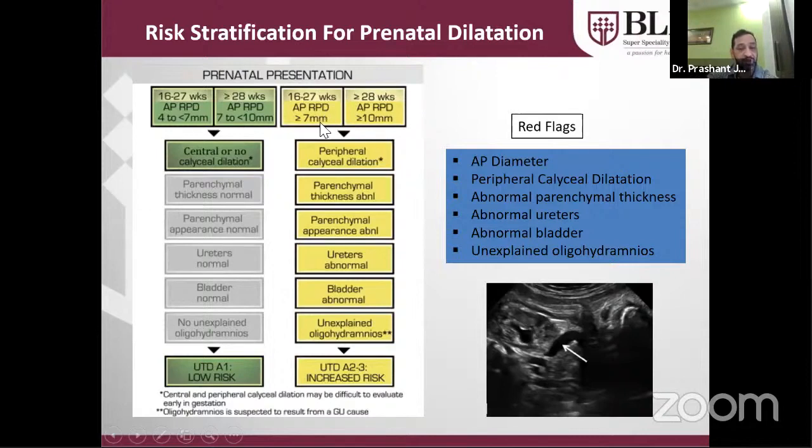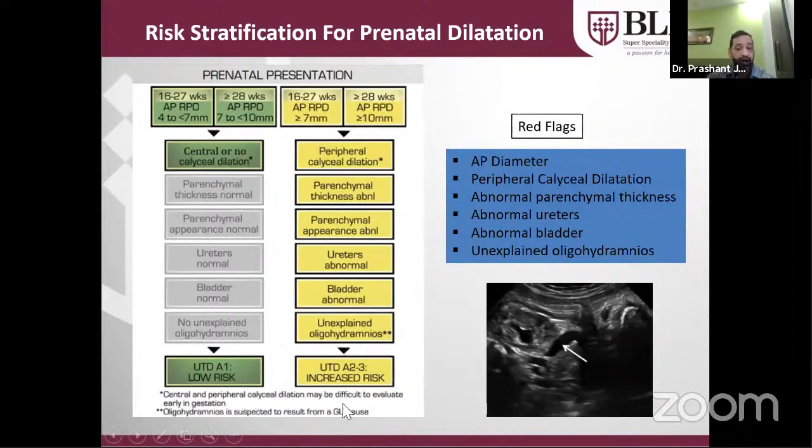But if AP diameter is more than 7 mm during early gestation and more than 10 mm during late gestation, with or without all these abnormalities like dilatation of the calyces, abnormal appearance of the parenchyma, abnormal ureters, bladder abnormalities, unexplained hydrocephalus, it has been labeled as an increased risk group.